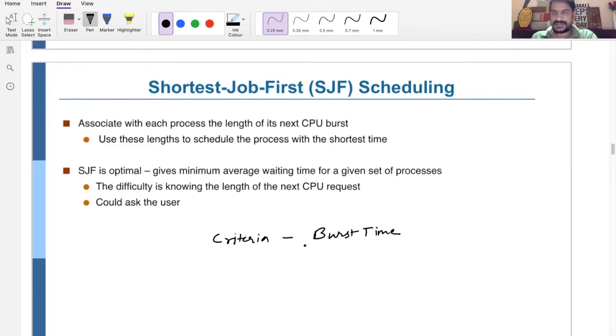If the burst time is the same for 2 or more processes, then we have to look at the arrival time. That works as a tiebreaker. Like in the previous first come first serve, the criteria was arrival time, and if arrival time was the same, we looked at the process ID. Whose process ID is less, we consider it.